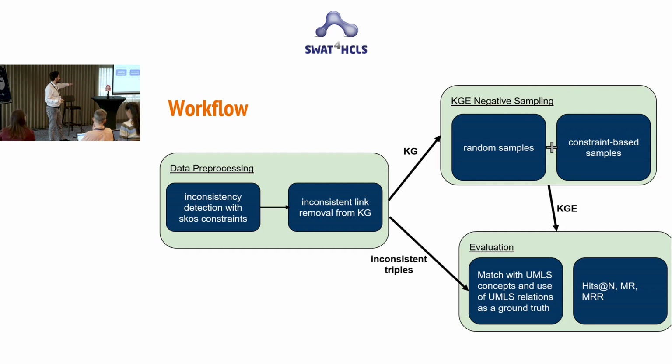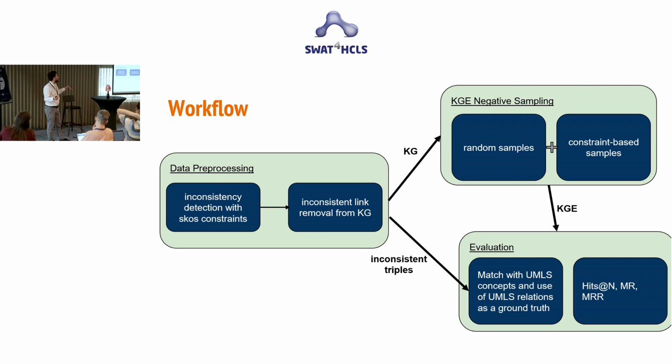We detect this first, and we use this inconsistency definition to generate negative samples. Instead of random ones, we generate negatives based on this inconsistency definition. And then we train this embedding model to predict the link that is supposed to be correct.